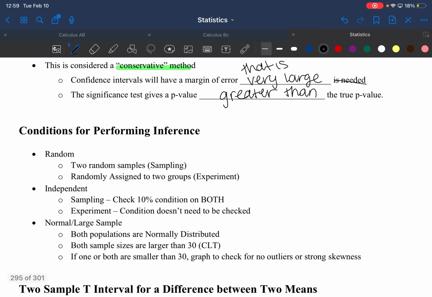Then again, talking about the conditions for this inference, same thing that we repeated at the very beginning of the notes. For random, we have to either show that both samples are random and/or show that both are randomly assigned. So we have two treatments if we have two samples. Independence: we check the 10% condition on both samples unless we're doing an experiment.